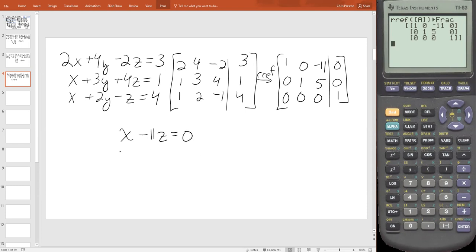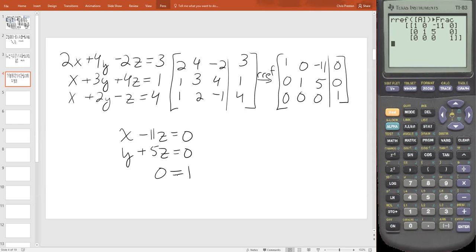Notice that is not an answer. It's not x equals a number. There are z's involved. The second equation translates as 1y plus 5z equals 0. And then the third line, 0x, 0y, 0z equals 1.